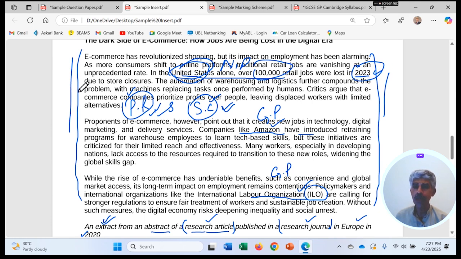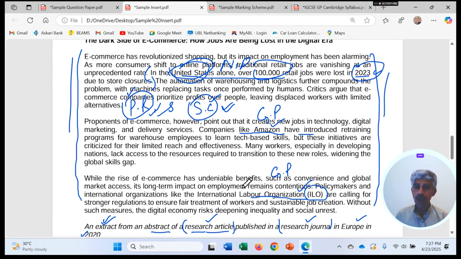Yes, a fact is given, statistical data is given, but where this data is published, not given. So that is the big flaw in this one, and the weakness is there, that the reference of these stats is not given.